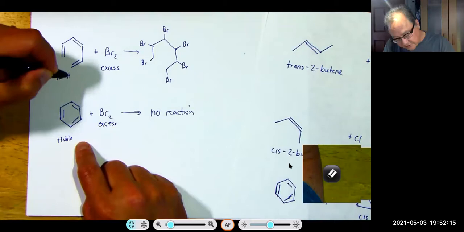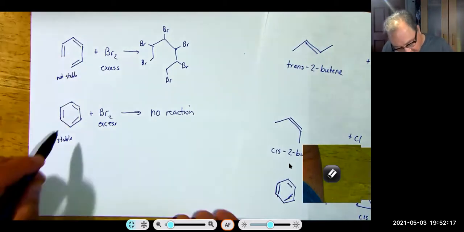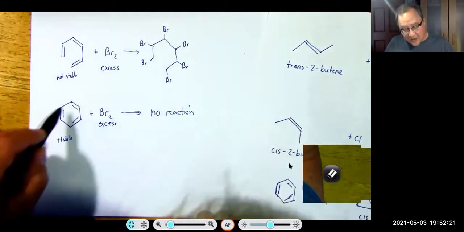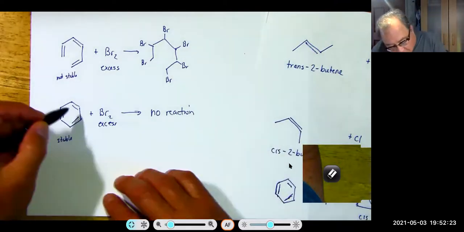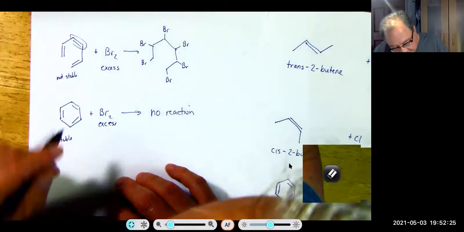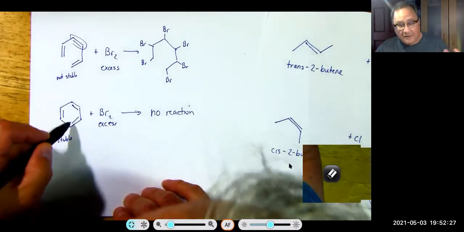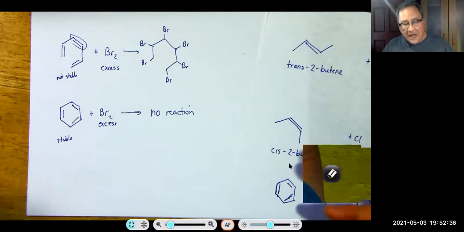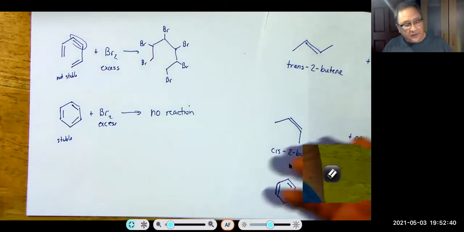So there's something special about having that extra bond there, which makes these 6 electrons not stuck between 2 carbons like they are here. These 6 electrons are actually able to occupy a space above and below the plane of carbons and delocalize, and that means spread out, so that they're really stable.